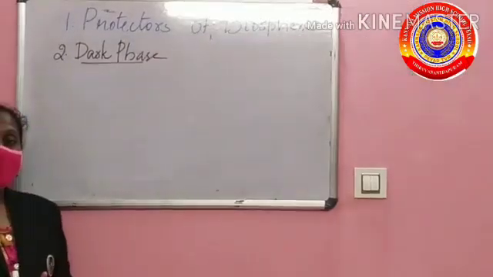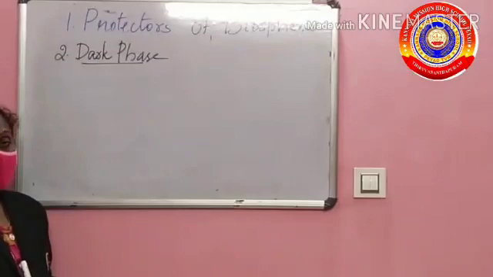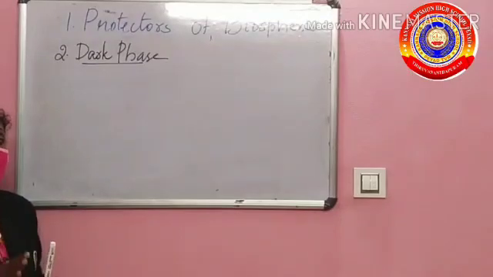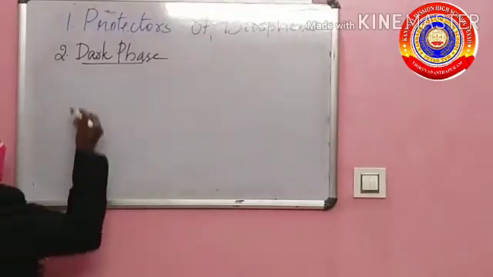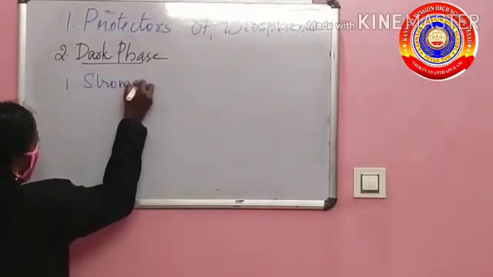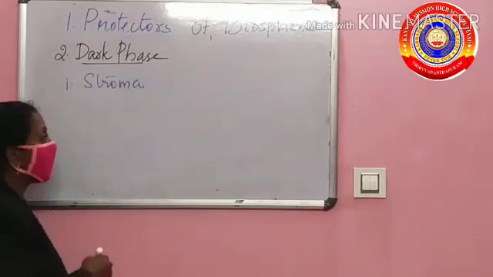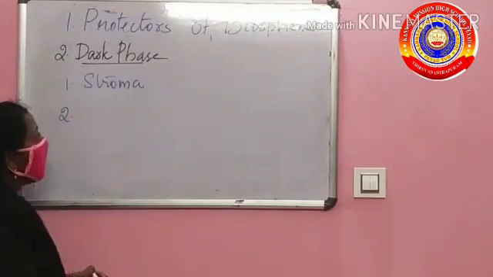Our second phase is the dark phase, also called dark reaction, and this process doesn't need light. This process takes place in the stroma of chloroplast. And how the reaction takes place, that we are going to learn.